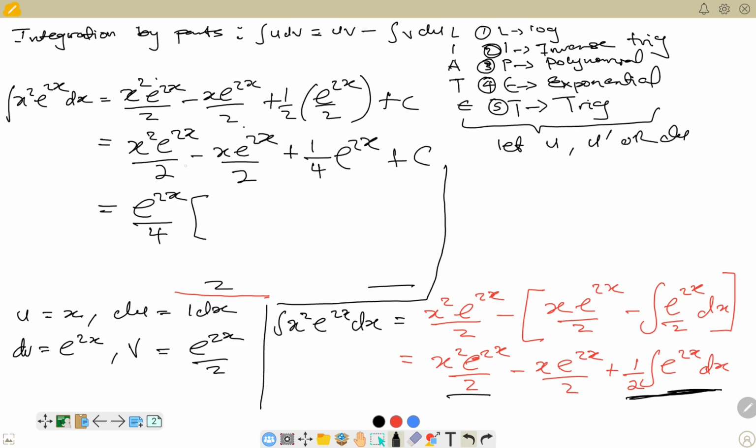By doing that, the first term will become 2x squared, the second term will become 2x, and the last term will just become 1. Then we have plus c. So that's it. We have successfully performed integration by parts.